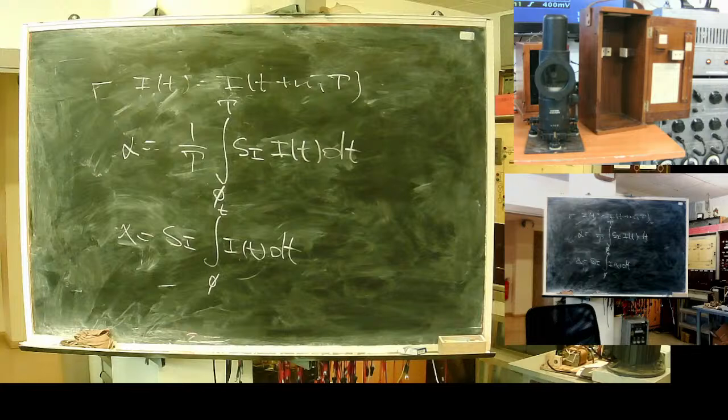Here I have an Arsonval system. A ballistic galvanometer needs as low a mechanical moment as possible, but behind this coil it has two small additional weights to calibrate its inertia. It has a period of 45 seconds.